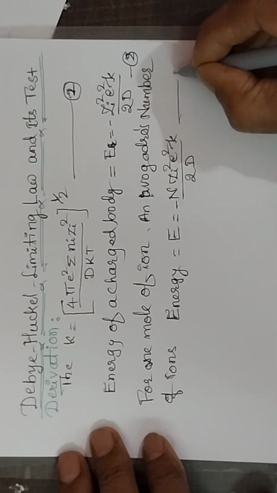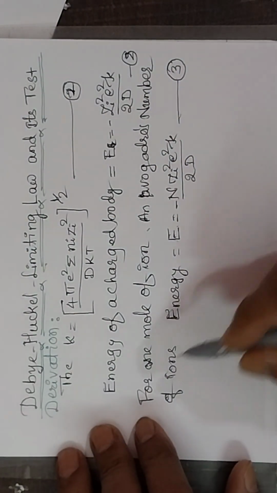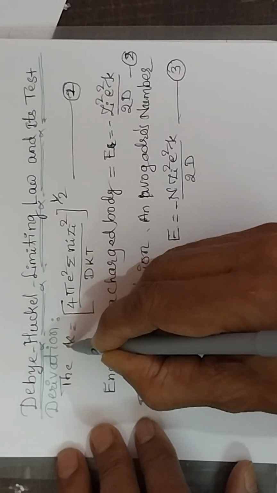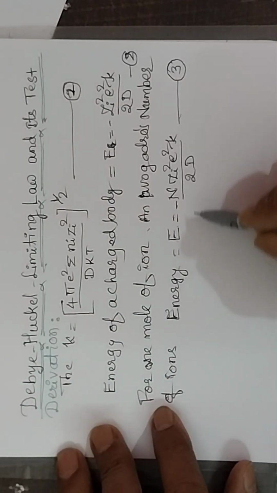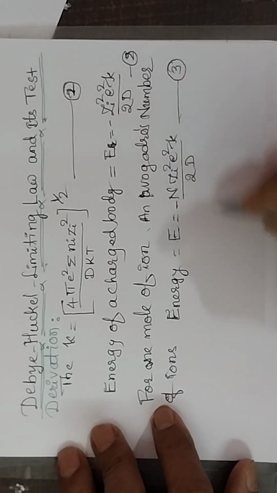This is equation 3. In the previous classes we derived the expression for kappa, and also the expression for an ion, which we converted into that for 1 mole of ions.